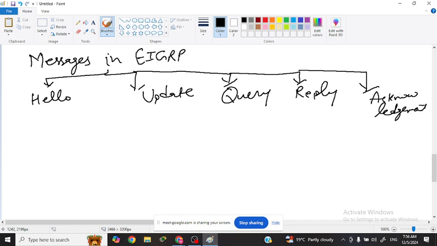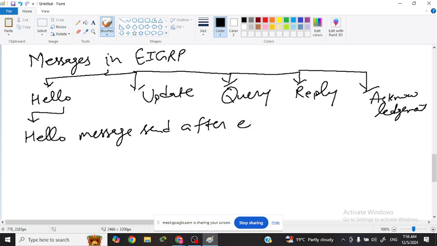So now, hello message is sent after each 5 seconds.